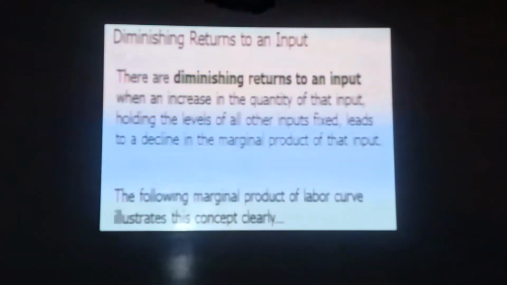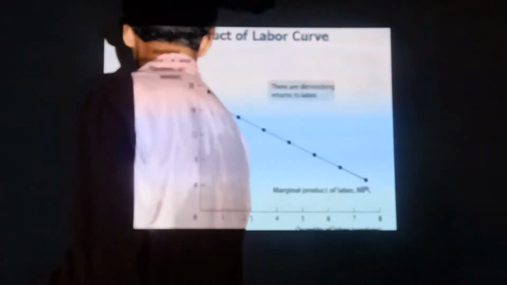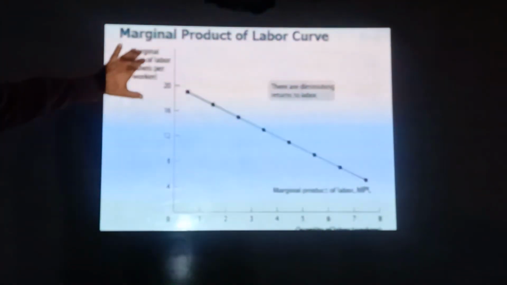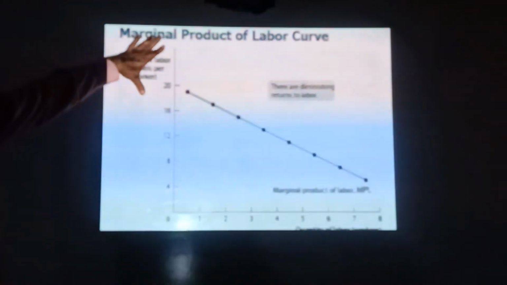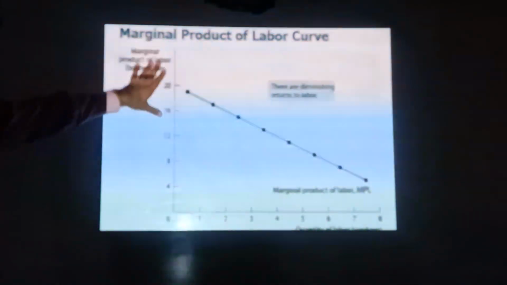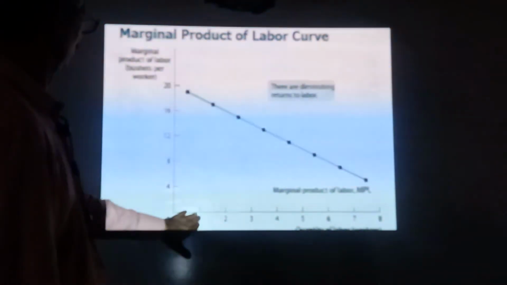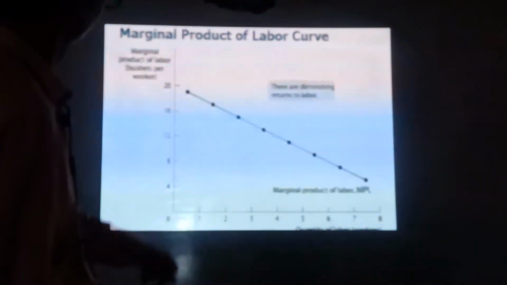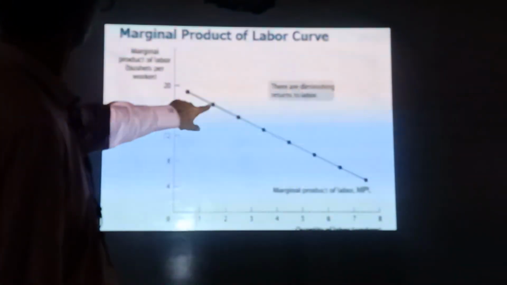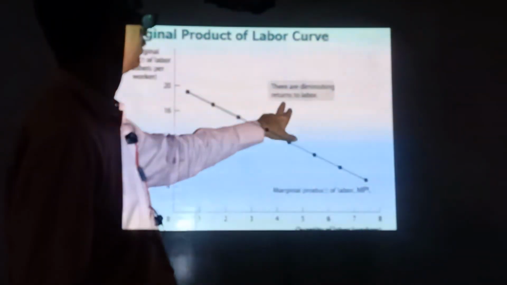So following the marginal product of labor curve, let's state this concept clearly. You can see this marginal product of labor curve. Marginal product of labor means bushels per worker. We have the number of bushels of output per worker. This is the quantity of labor, the workers. When we have one laborer, we have such kind of output. You can see the more laborers you get, there are diminishing returns to labor.